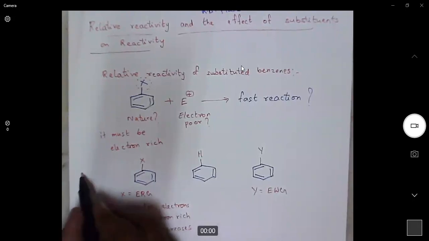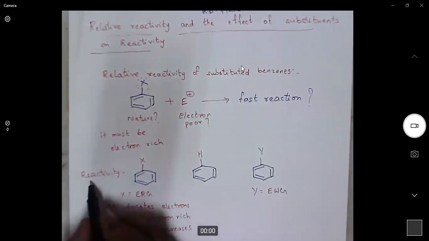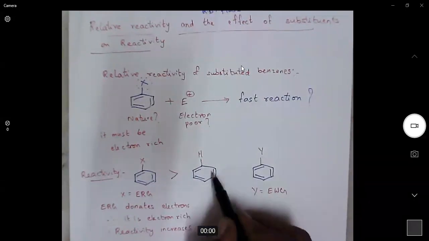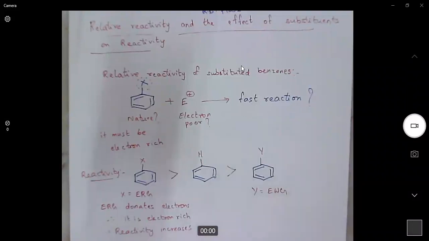When we look at the reactivity order, benzene with electron releasing substituents is more reactive than benzene without any substituents. Then benzene without any substituents is more reactive than benzene with electron withdrawing substituents.